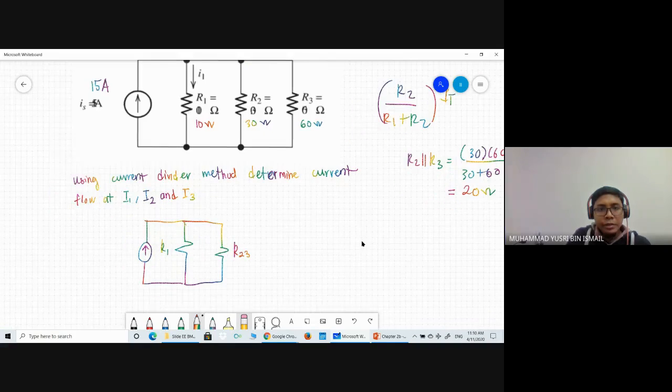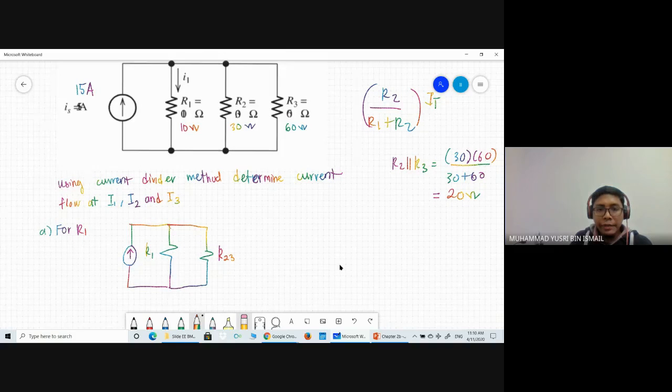So this is the new simplified circuit. Based on this equation, you will get I1 equal to R23 divided by R1 plus R23 times I total.